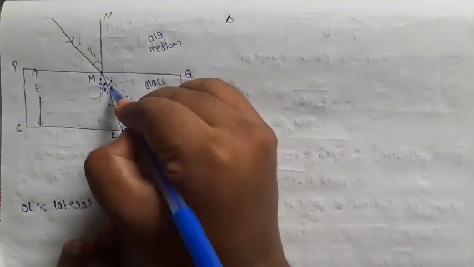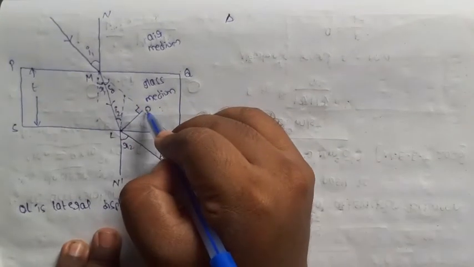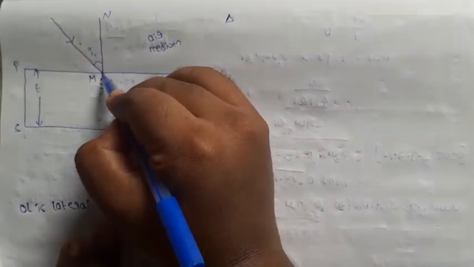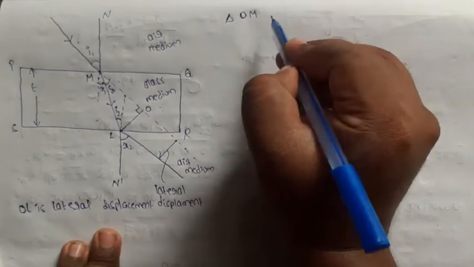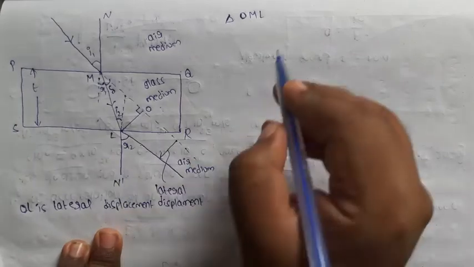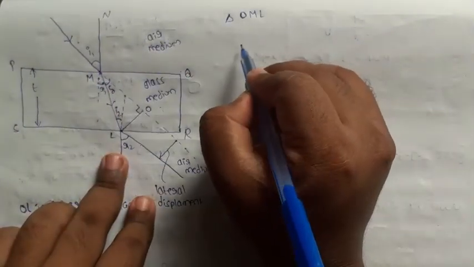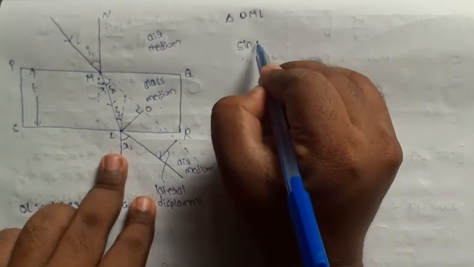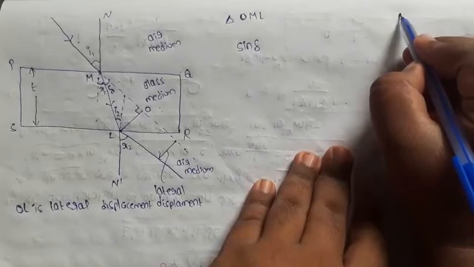The name of the triangle is OML. The angle is delta. I am applying sin delta for the triangle.